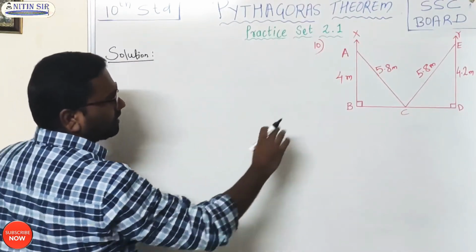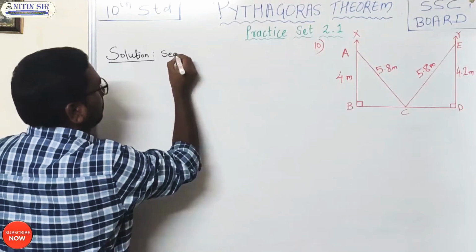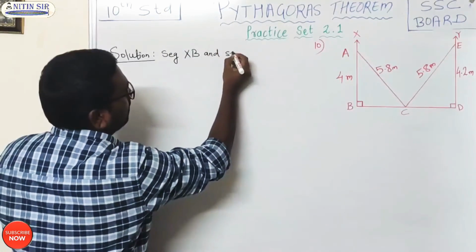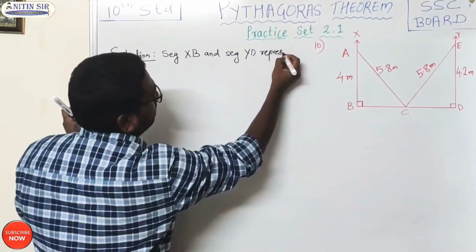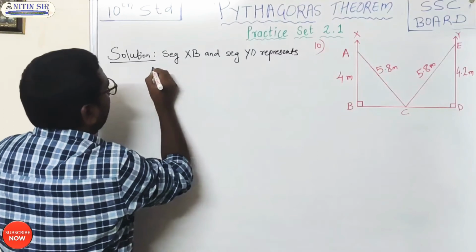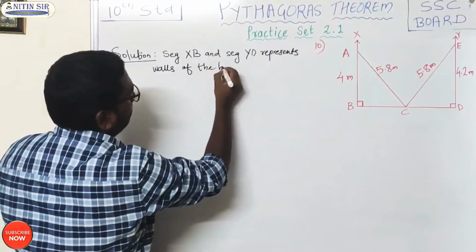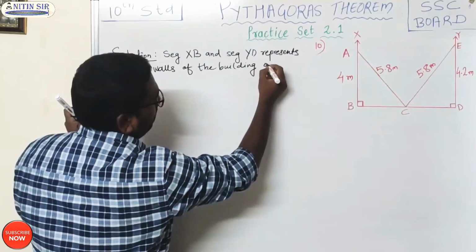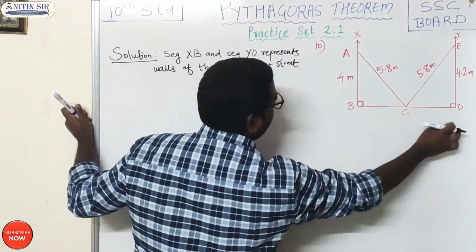Solution. We can say segment XB and segment YD represent walls of the building. We can say the street is BD.